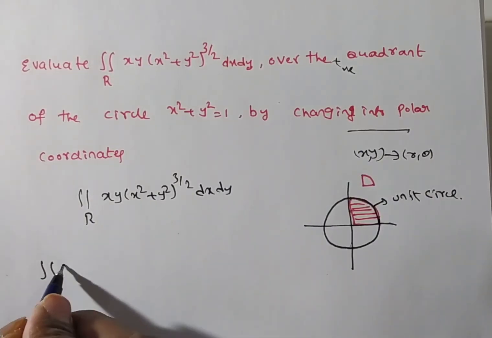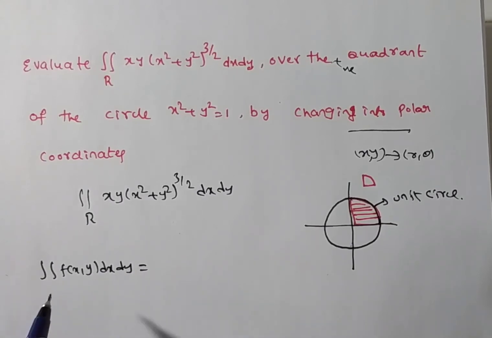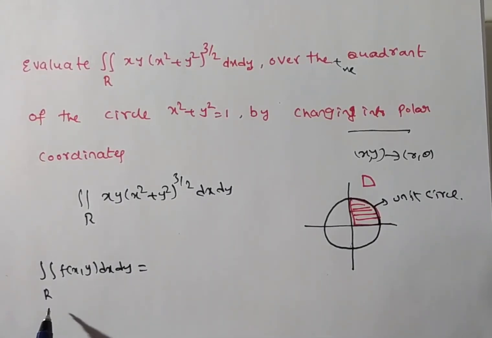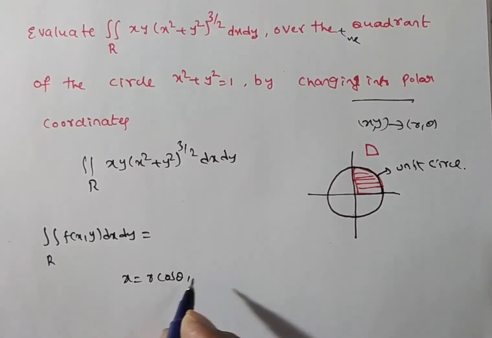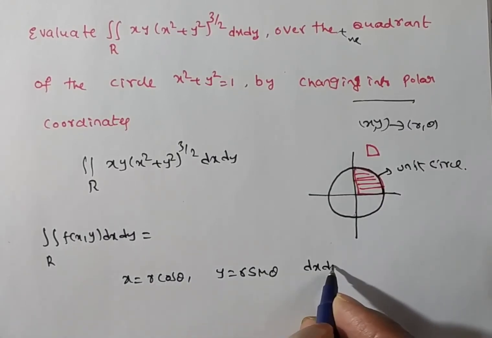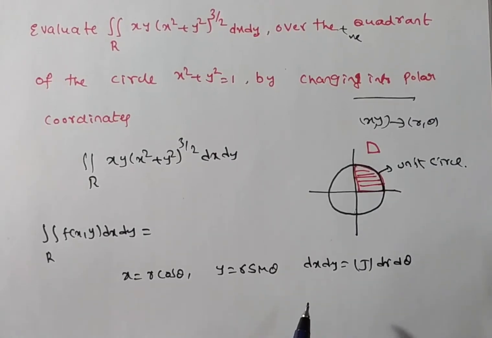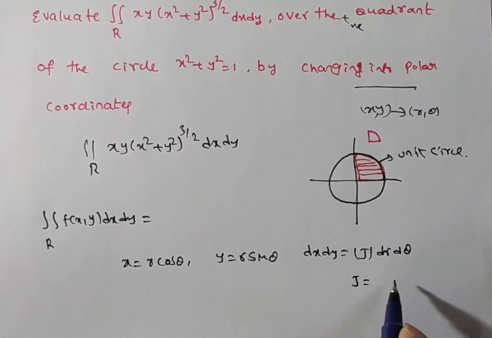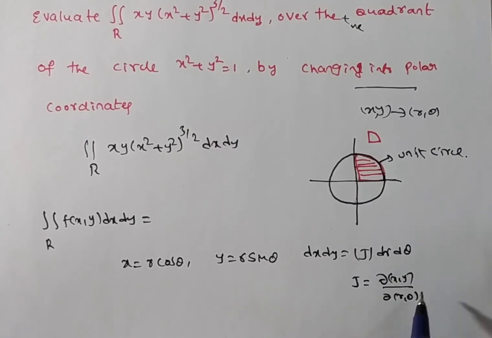Remember friends, whenever we change from Cartesian coordinates to polar coordinates, in the double integral over R of f of x comma y dx dy, we substitute x is equal to r cos theta, y is equal to r sin theta, and dx dy becomes the Jacobian times dr d theta, where the Jacobian is the transformation from the x comma y variables to r comma theta. If you simplify this, you will have r.